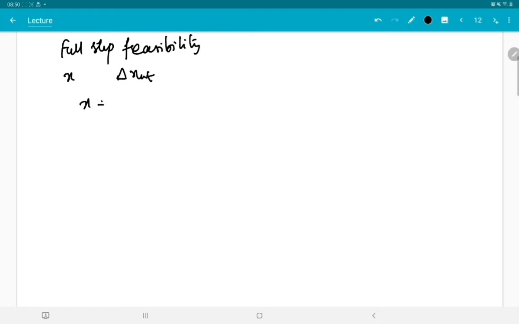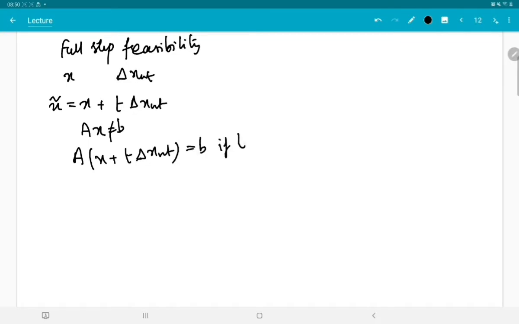We have x and then we multiply the step with some constant t, and this will be the updated point. Initially x was not in the feasible set, so Ax equal to b does not hold. But once we move, the new point satisfies it if t equals 1.